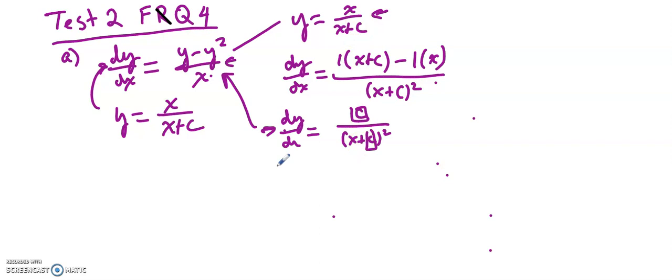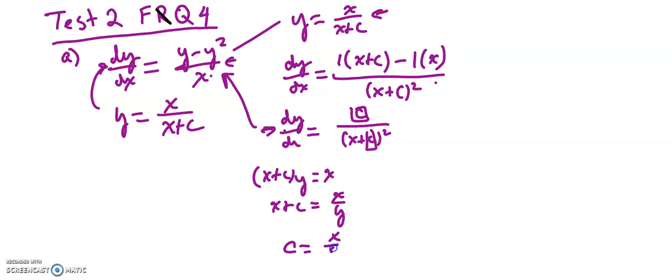So if I do that, I would get (x plus c) times y equals x, and then x plus c equals x over y, then c equals x over y minus x.